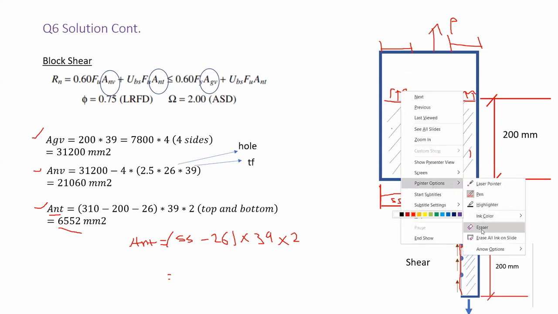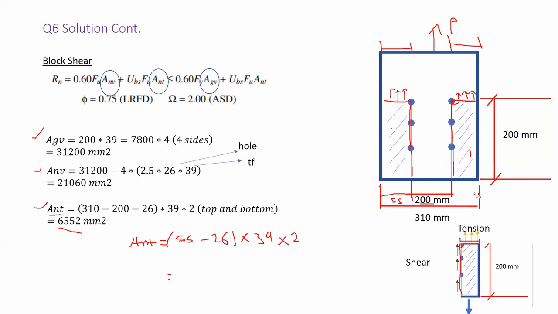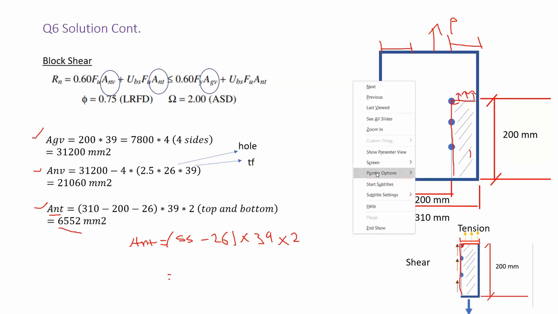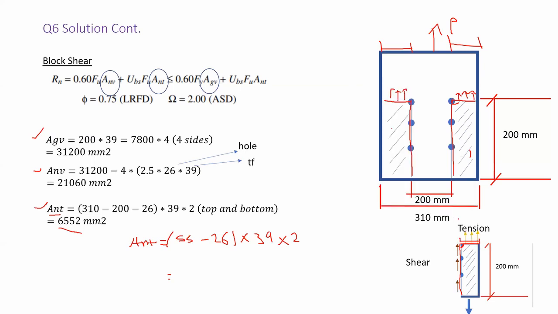Why, Hocam? Let's make it clear. It's overcrowded. So why are we dividing by 2? Now you have this distance from here is 200. If you take 200 out of 310, what you obtain is actually these two distances, which are equal to 110.